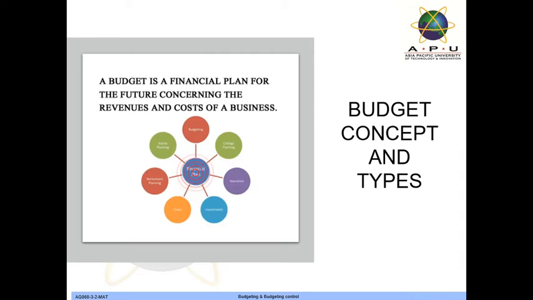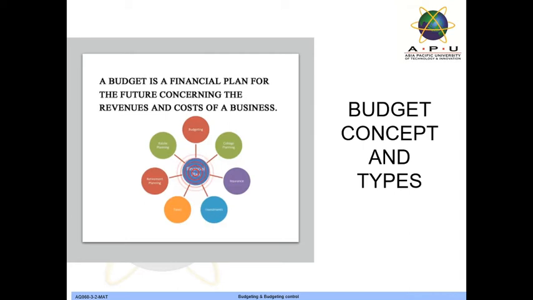So that is what we apply in business when we talk about budget. Before we start a new financial year, or maybe a new month, if you are a costing manager or a costing executive, you need to prepare a budget for your company.